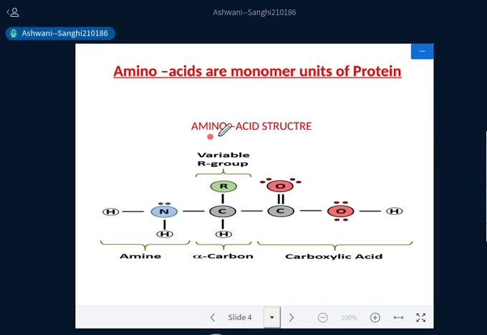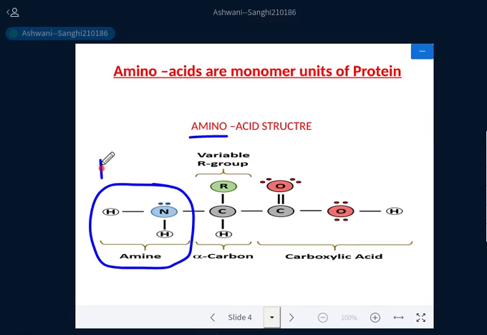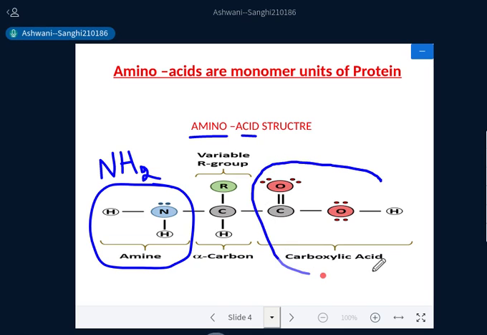Amino acids, as the name indicates: amino means the NH2 group, that is the amino group, and the acid group is COOH, the carboxylic acid. So an amino acid is a compound that contains an amino group and an acid group.